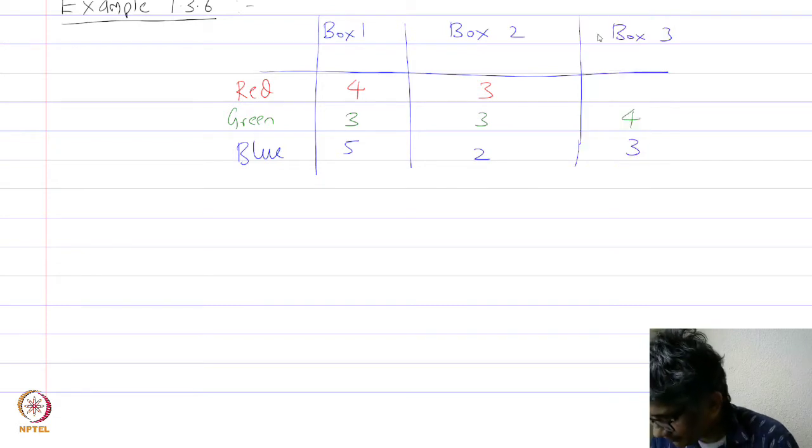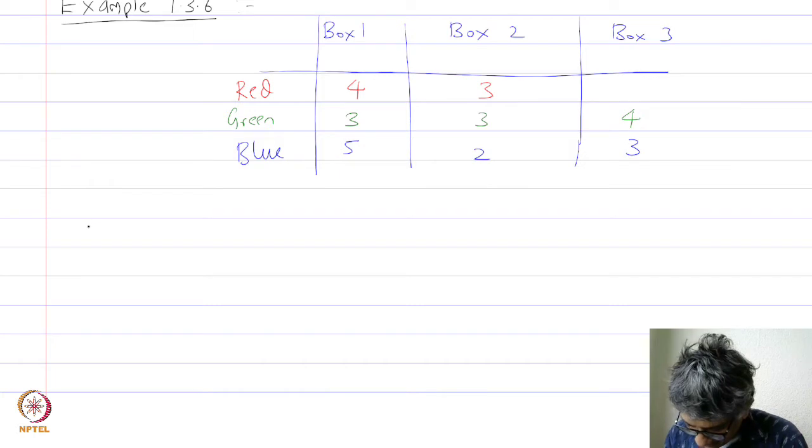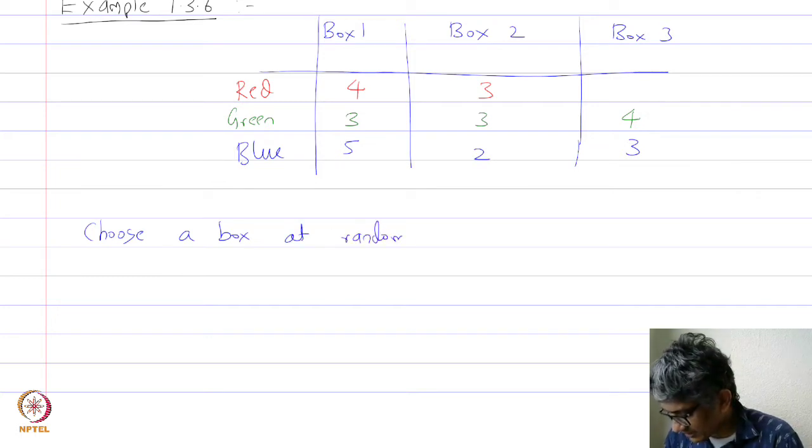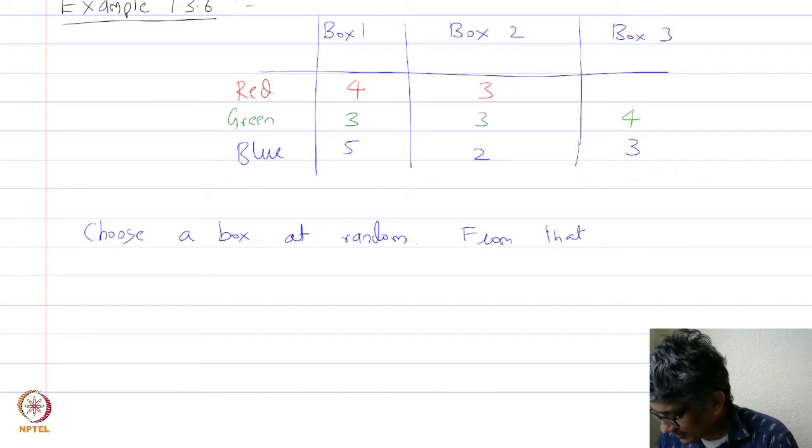Now the experiment I do is, I choose a box at random. That means I choose one of the boxes in an equally likely manner. And from that box, I choose a ball at random.